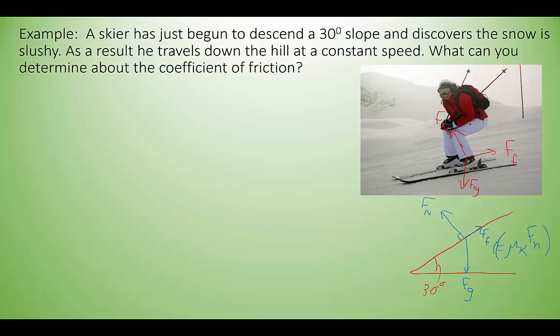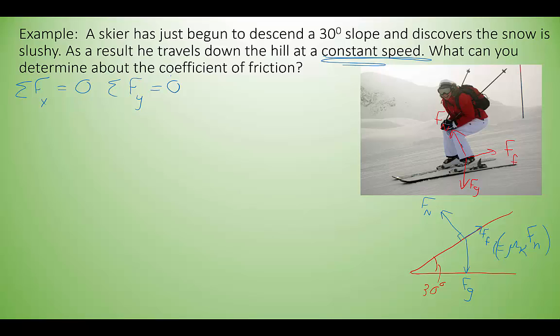So if this is the force diagram for this skier, and the skier is traveling at a constant speed, that means that the sum of the forces in the x direction should be equal to 0, and the sum of the forces in the y direction should also be equal to 0. So we can break these down into x and y coordinates.